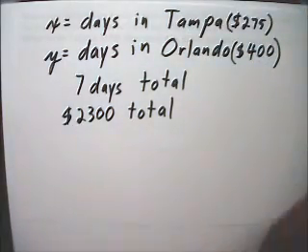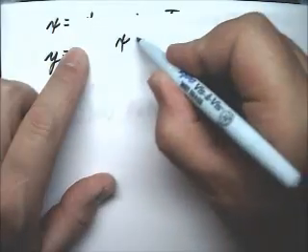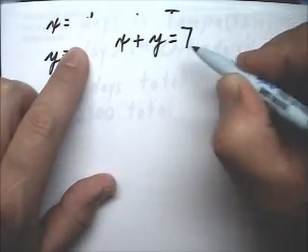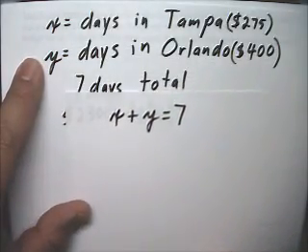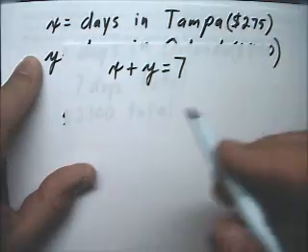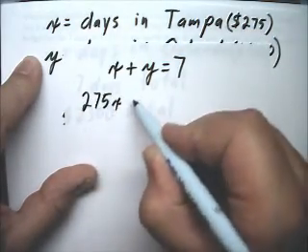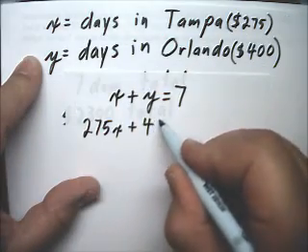So let's see, the simple one we said is x plus y equals 7. That's the days in Orlando and the days in Tampa. Then we said this times x, so that's 275x plus 400y.